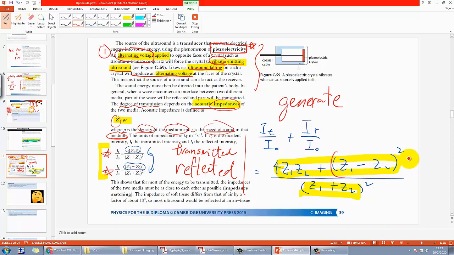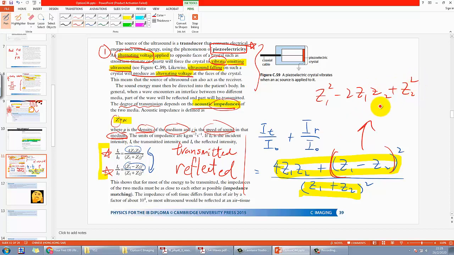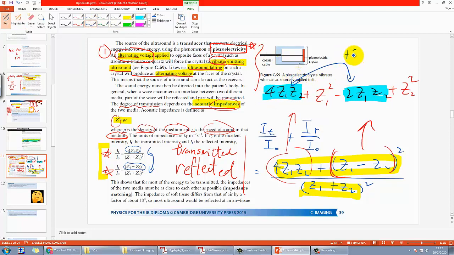I think some of you may be able to see it already. When you expand this, you will have Z1 squared minus 2Z1Z2 plus Z2 squared, and with this you would have 4Z1Z2. If you look at this Z1 times Z2 and this one Z1 times Z2, the coefficient at the end would give you plus 2.